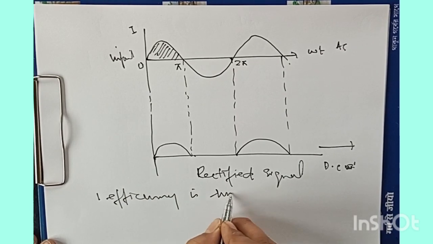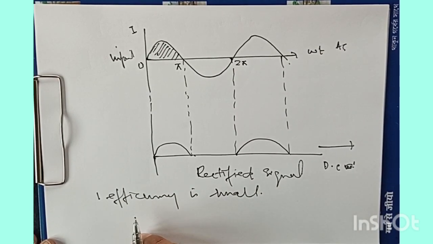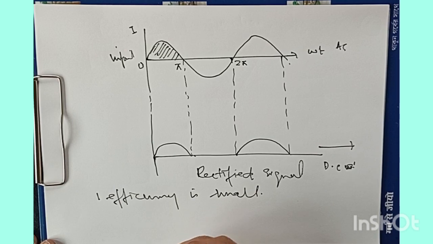And the output is not pure DC, right? Because it still has fluctuations in it. It still has a pulsating signal, pulsating DC, which contains AC components, or we also call them ripples.